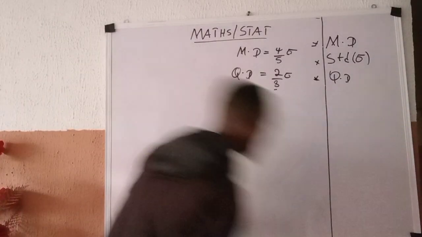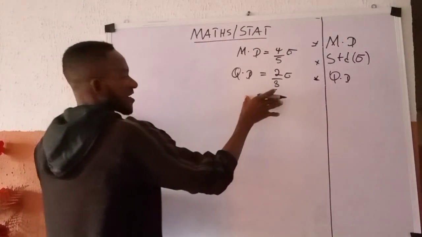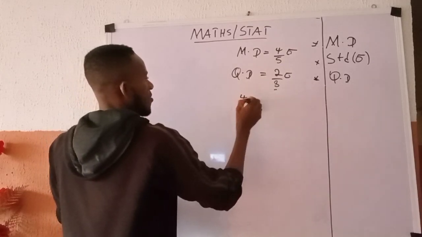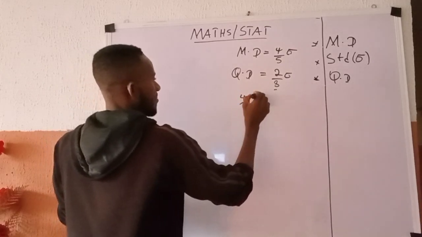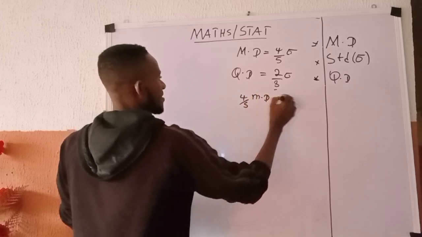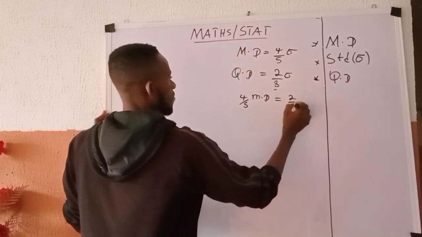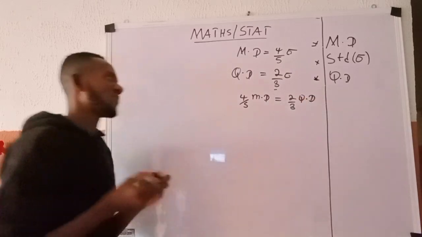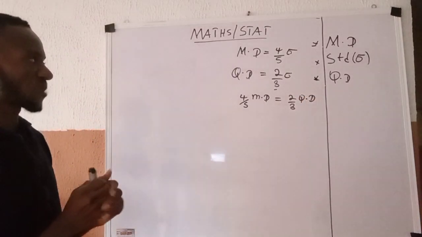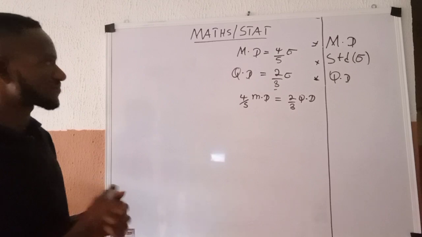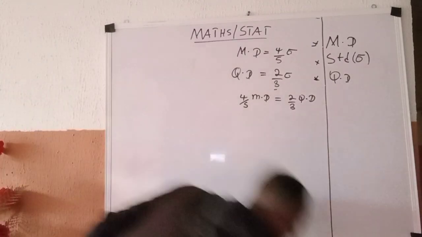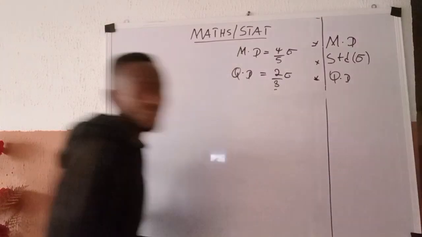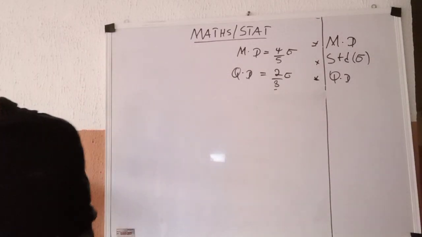In case we might be needing it, let me drop that relationship that we derived here, which was that 4 over 5MD is given as 2 over 3QD. Let us leave this relationship so that we will not be looking for it. If we need it, we derive it once again.